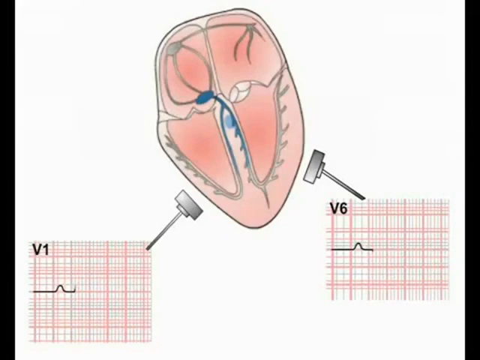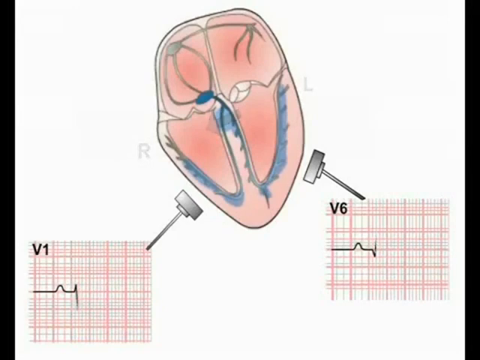This early depolarization signal is moving towards V1 and therefore produces a positive deflection on the ECG paper in the recording from this lead. However, this septal current is moving away from lead V6, producing an initial negative deflection in this lead. As the septum continues to depolarize, the depolarization wave spreads out over the muscle mass of the ventricles.